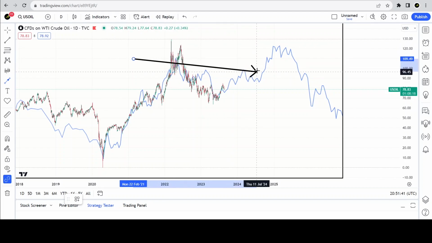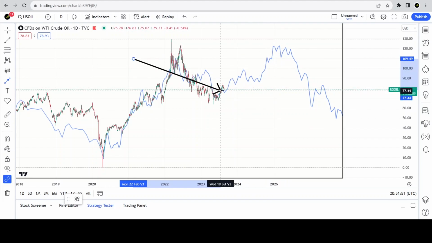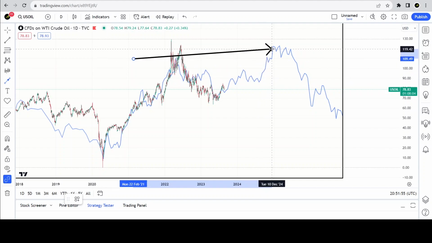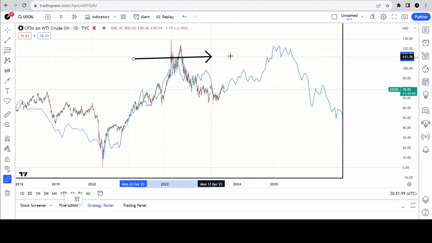However, timing, height, and depth, they're always going to be unique, so there could be some differences in this. It could go higher, it could go lower, but we should expect oil to continue to move up in the coming days and challenge this peak here.